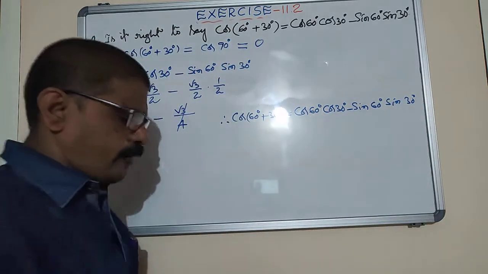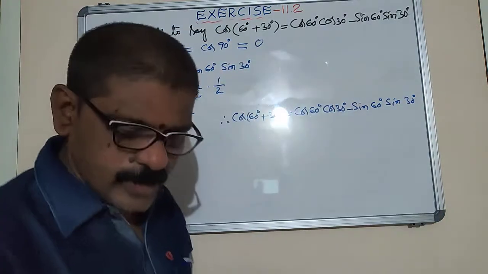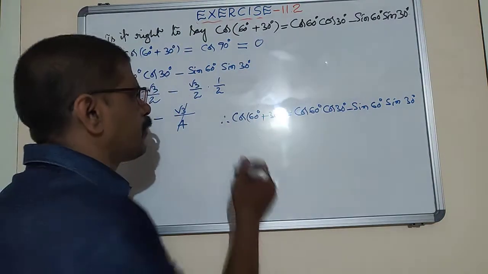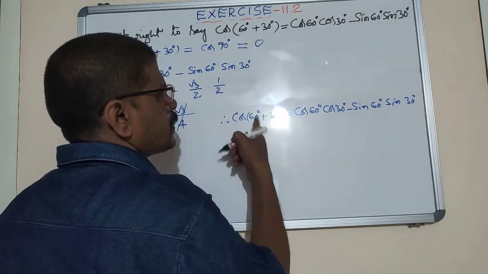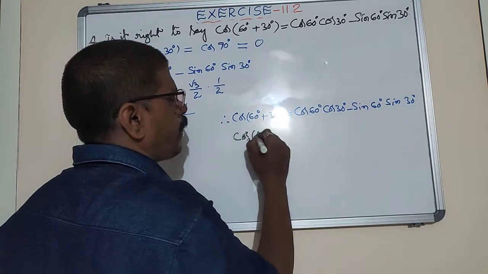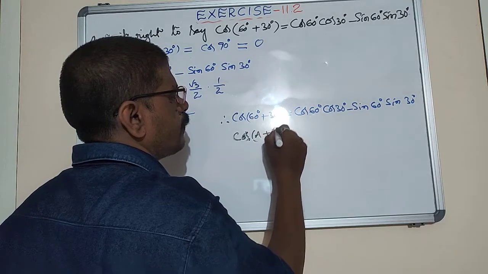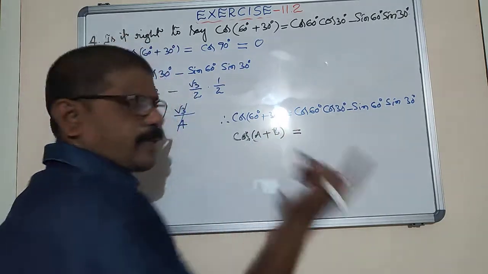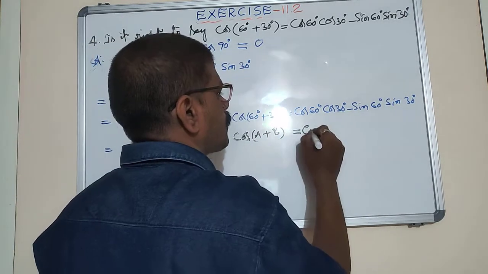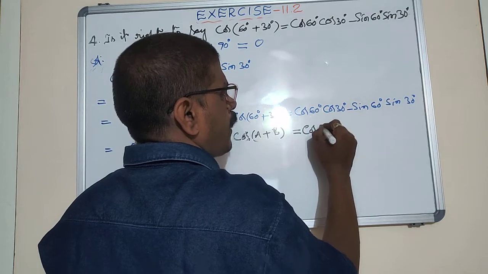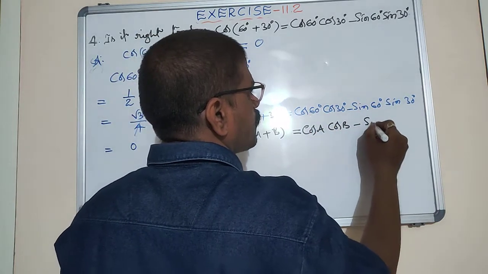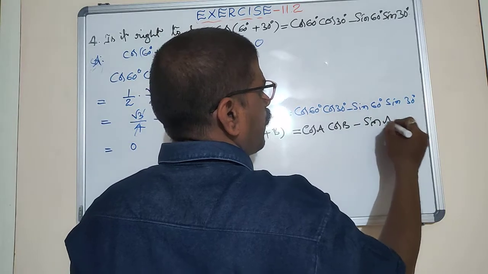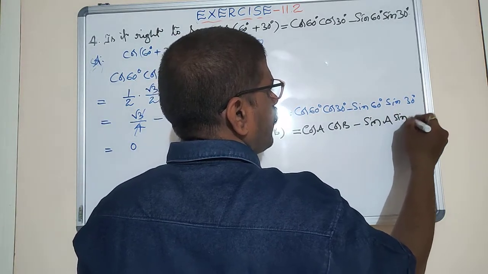First of all we have to observe that cos, replace 60 degrees by A and 30 by B. That is, cos(A + B) can be written as cos A cos B minus sin A sin B. Clear?